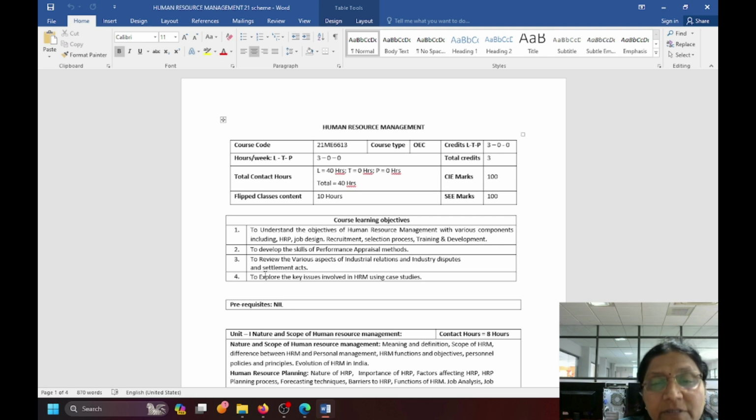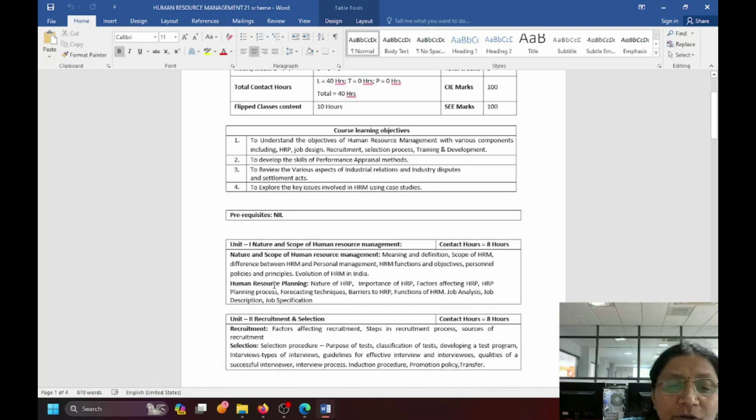And the second CLO is to develop the skills of performance appraisal methods and to review the various aspects of industrial relations, industrial disputes and settlement acts, and all those things we are going to learn in this, and to explore the key issues involved in HRM using case studies. These are the 4 course learning objectives.